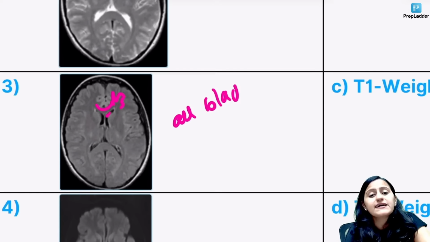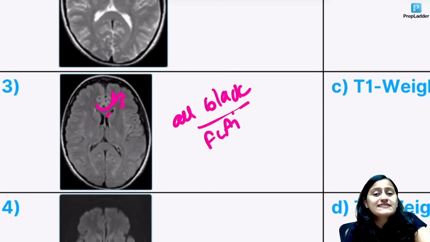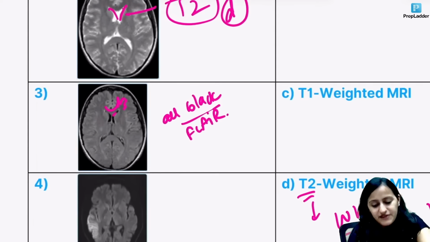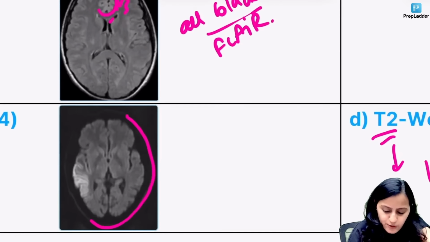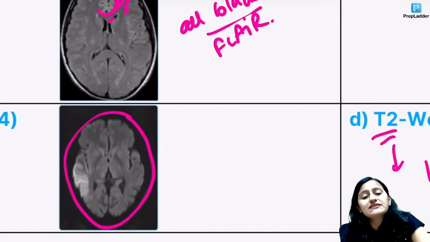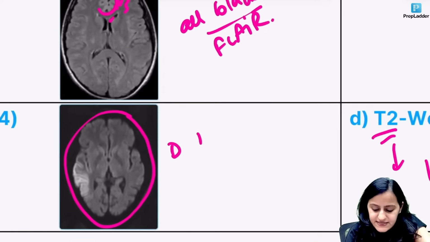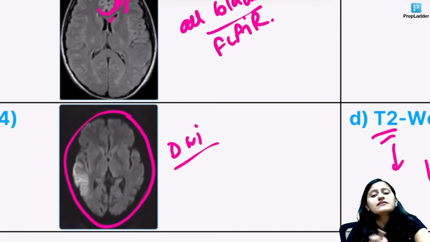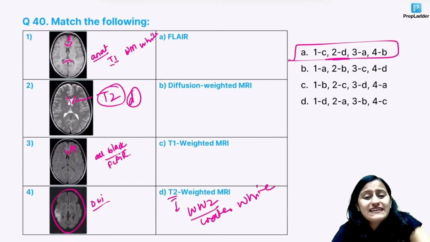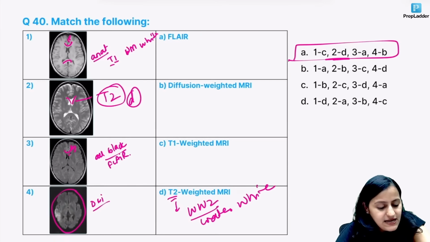All black is what sequence? All black is FLAIR. Right? So this is FLAIR. Look at this one. The outer skull is not well seen. The skull bone, the scalp. It's only the brain that you are seeing. This is DWI. Diffusion weighted imaging. Right? It is not showing the outer wall, the skull and the scalp.